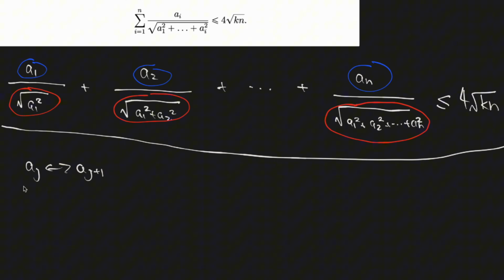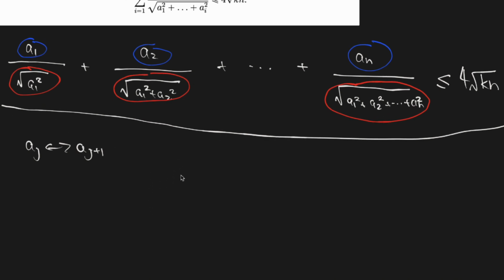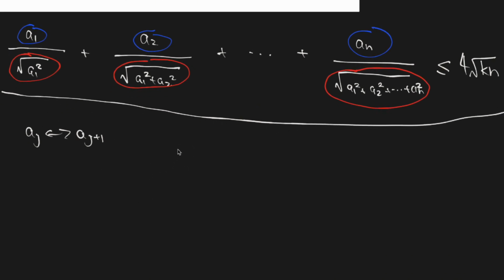Okay, so let's work on this. The benefit of this is that all the other terms will be cancelled because, by the way, I'm assuming that AJ is greater than AJ plus 1. If this is the case, then we can indeed flip the variables around.